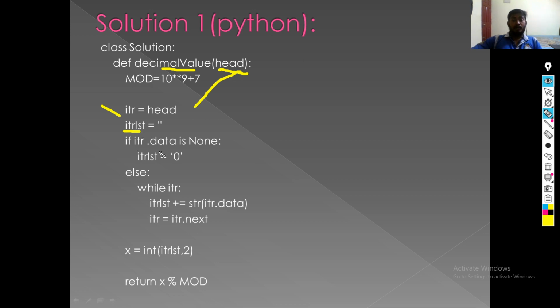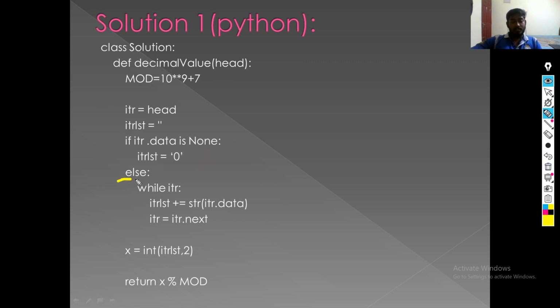Before moving on, we check whether the head contains any binary value or not. If it doesn't contain any binary value, we set iter list equal to 0. Otherwise, we go to the else statement. If it contains nothing, we must give 0 in this place. This is the constraint given in the question.